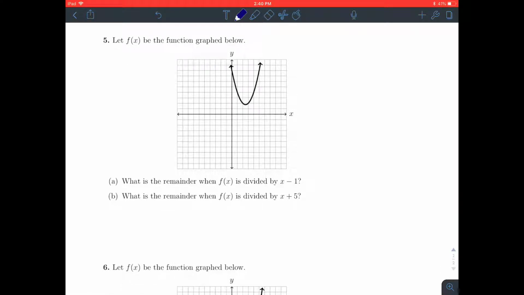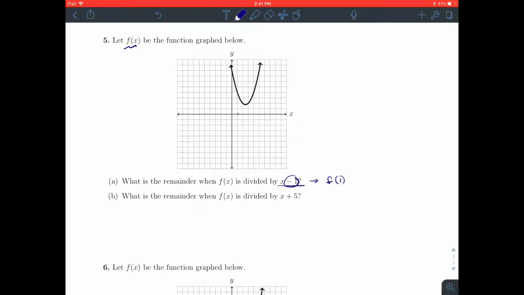Next up, let f of x be the function below. What is the remainder when f of x is divided by x minus 1? At first you might think, that's impossible. We don't even know f of x. How would we find the remainder? Well, we use the remainder theorem. When you want the remainder divided by x minus 1, that will be equivalent to f of the opposite, f of 1.